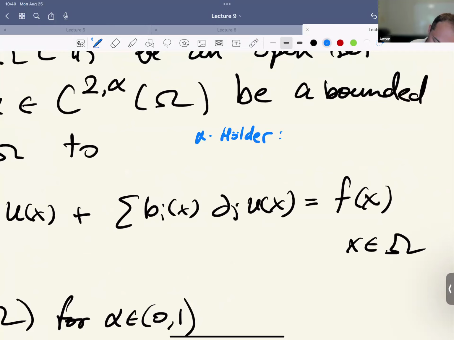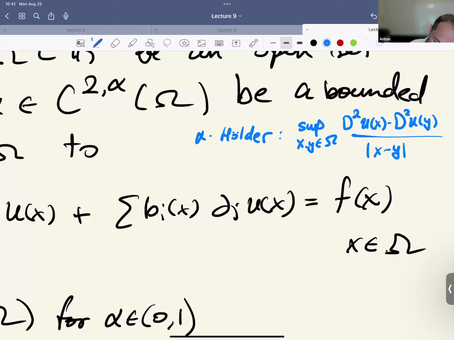Basically, just for completeness, it means that the sup over x, y in the set omega of the second order derivative over x minus y to the power of alpha is bounded by some constant.